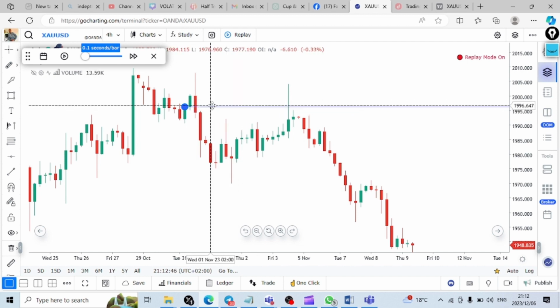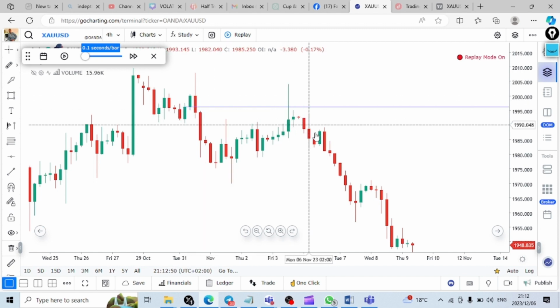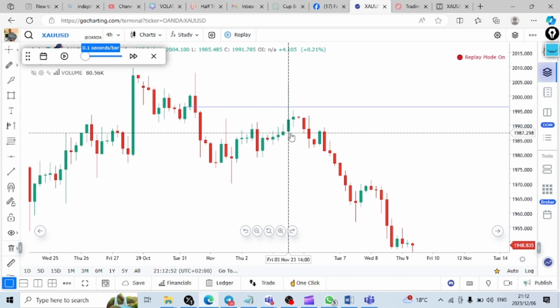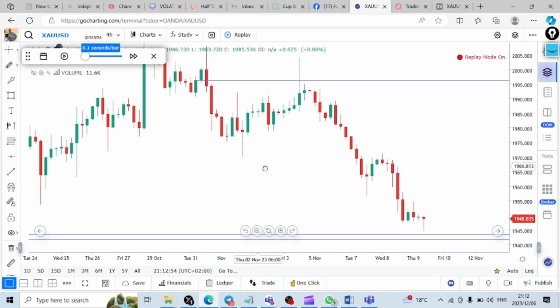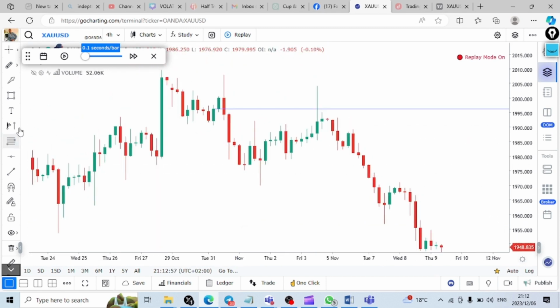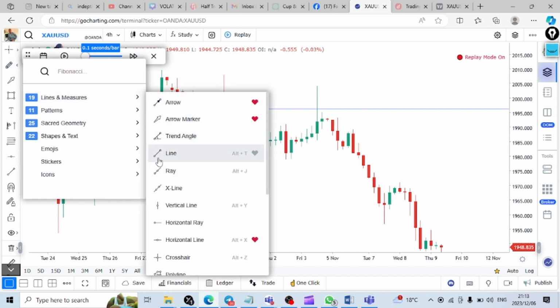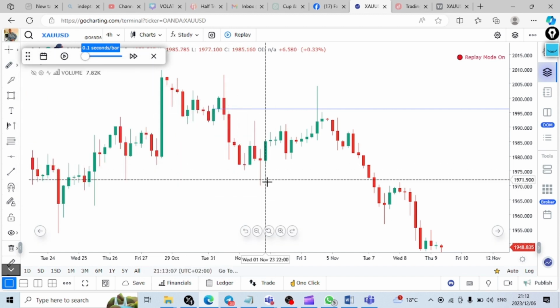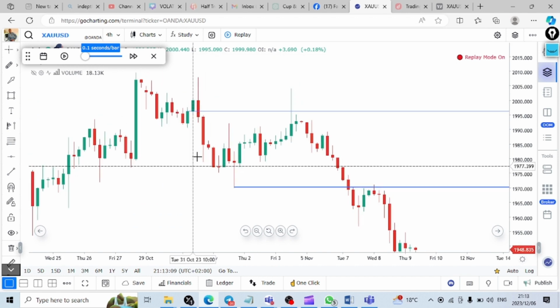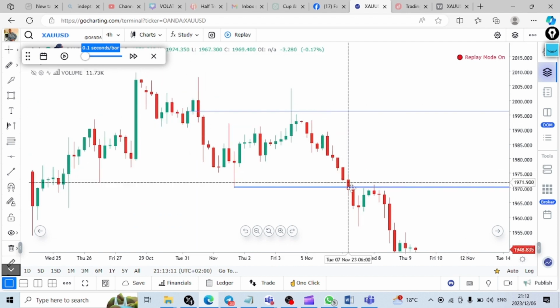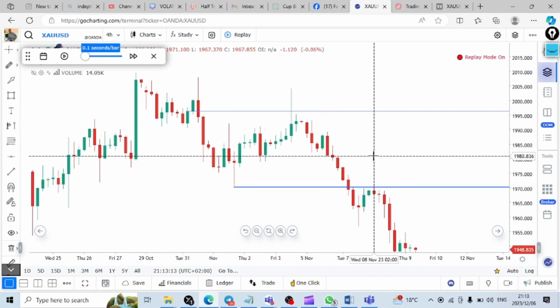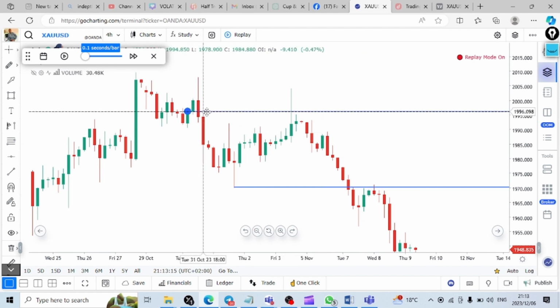So we want to sell when price has reached this particular level, and we can see when price went to this level, it started to move downwards. There's a big rejection, and from there, our target in this particular case was going to be the recent swing high, and we can see price was able to hit that particular target. So here, this was our target, the previous swing high, and we can see price retraced and hit this particular level. So this is how you trade using order blocks.